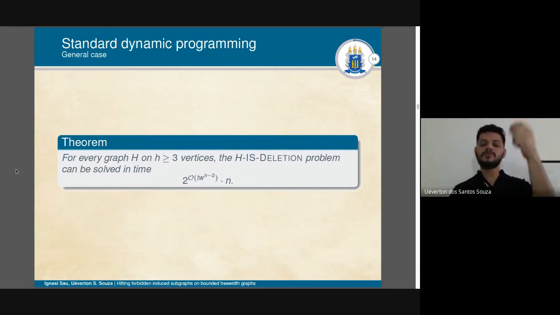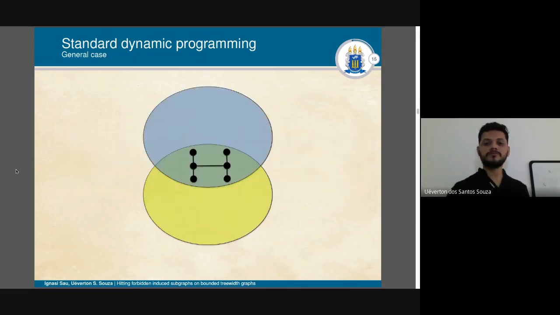When we introduce a new vertex, we need to recognize whether this new vertex forms a new copy of H or not. To save some information, we just need to observe that a copy of H sometimes may appear inside the bag of the tree decomposition.